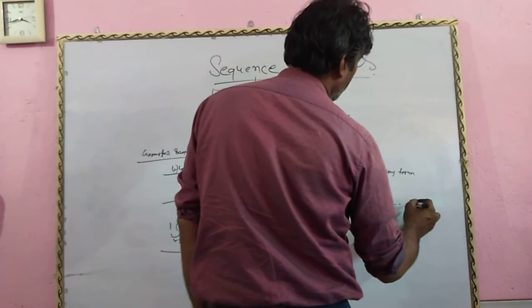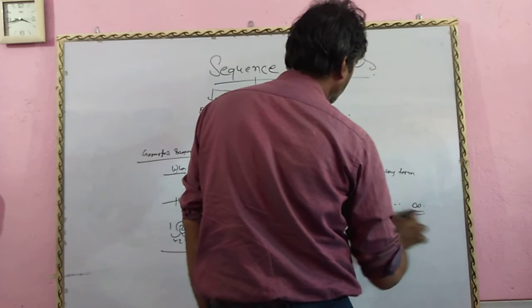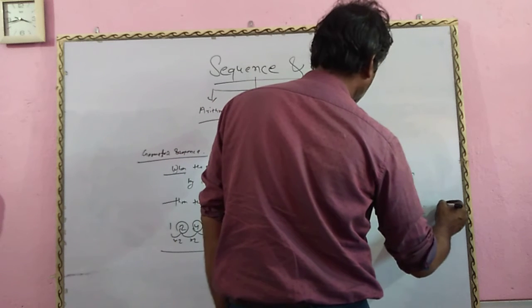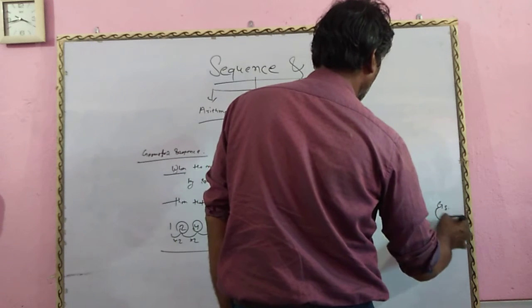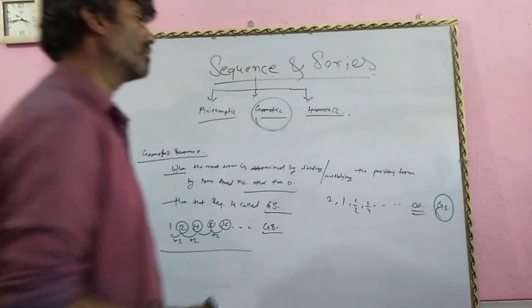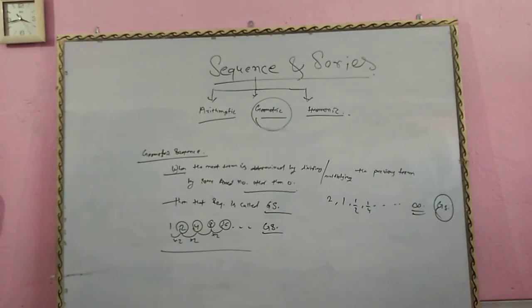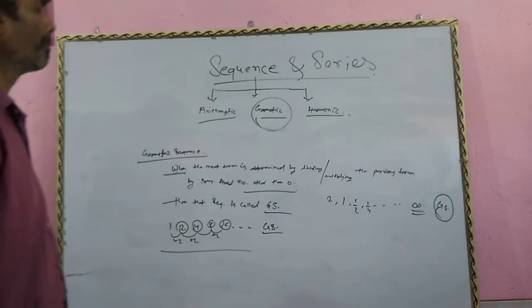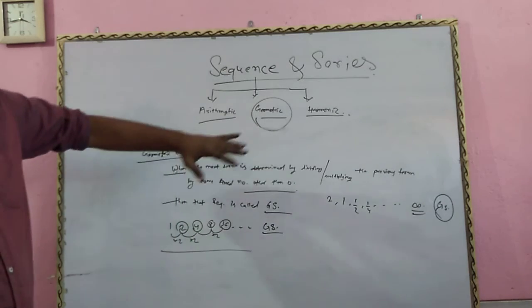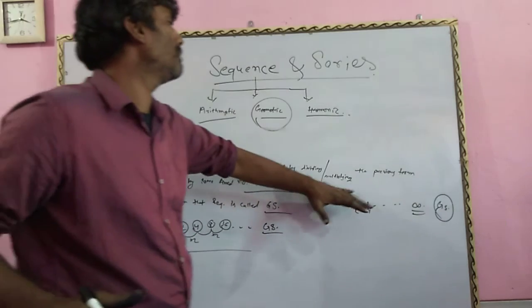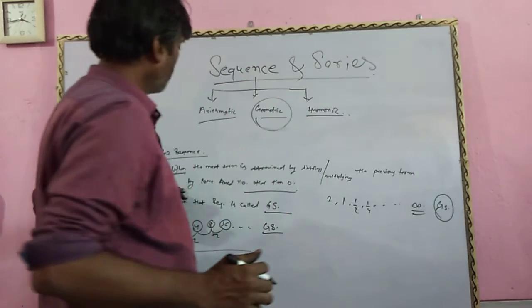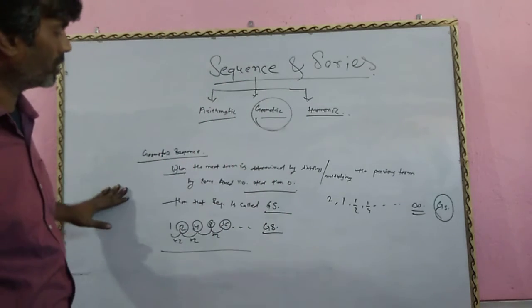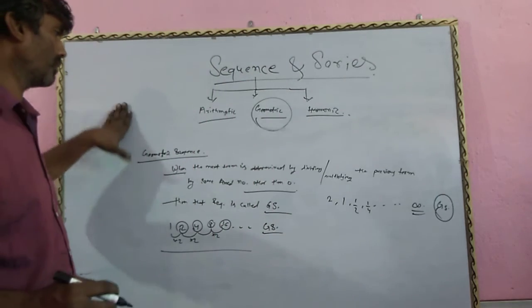Thus, up to infinity, it falls under geometric sequence. When the next term is determined by dividing or multiplying the previous term by some fixed number other than 0, then that sequence is called a geometric sequence.